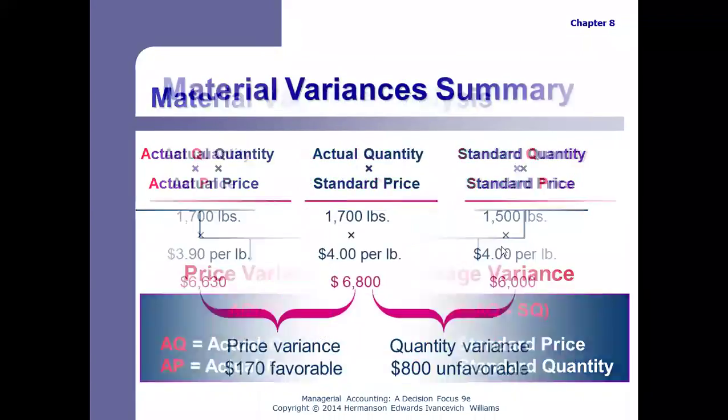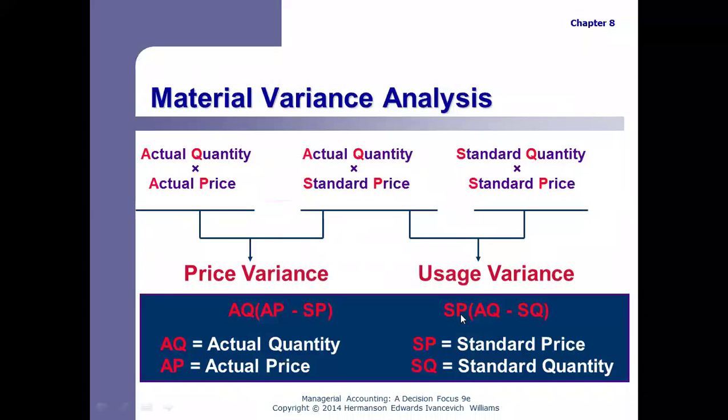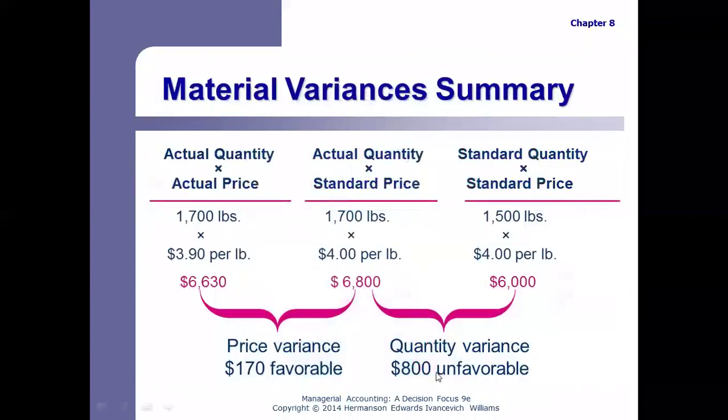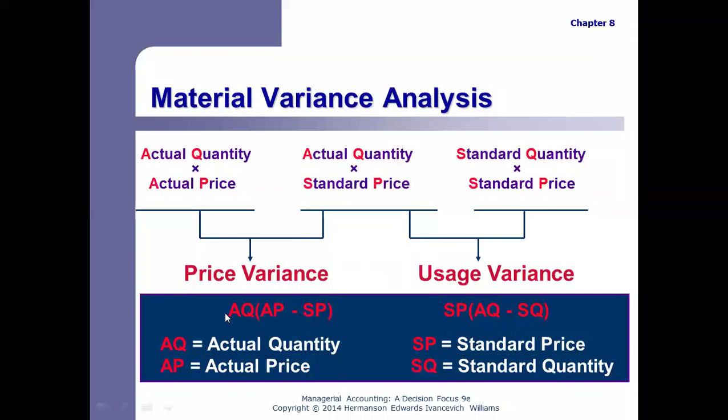Standard price is $4, so 200 times $4 is 8,000. Sorry, positive 800. A positive 800 means it's an unfavorable difference. So again, you can either use the table as they do here on this slide, or simply go straight to the formula here to calculate the variances.